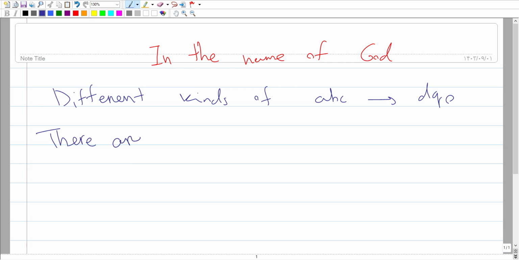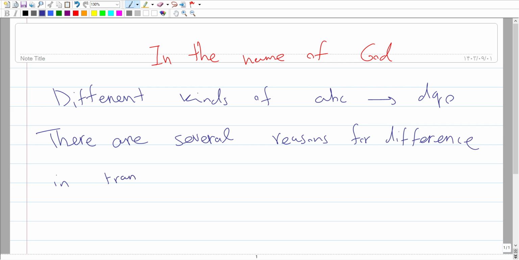There are several reasons for difference in transformation matrices and the result is in the equations and machine equations.